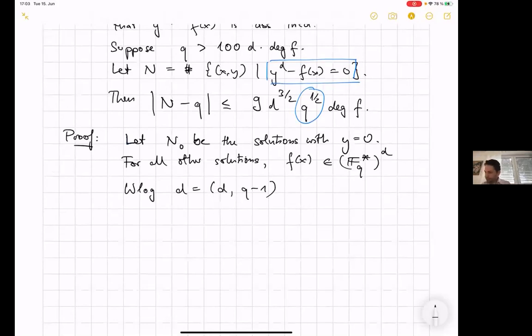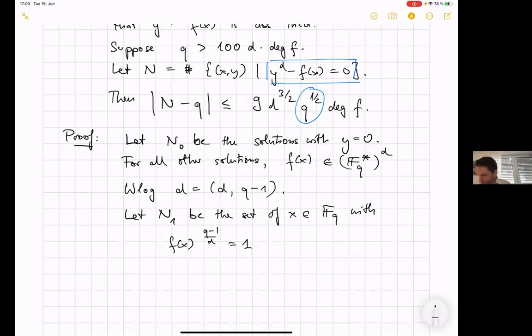All right. So let n1 be the set of x in Fq with f of x to the power (q minus 1) over d equals 1, right?